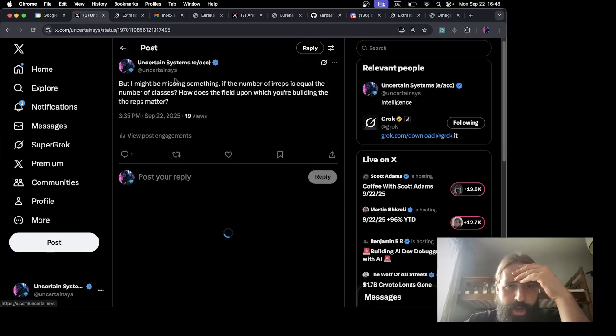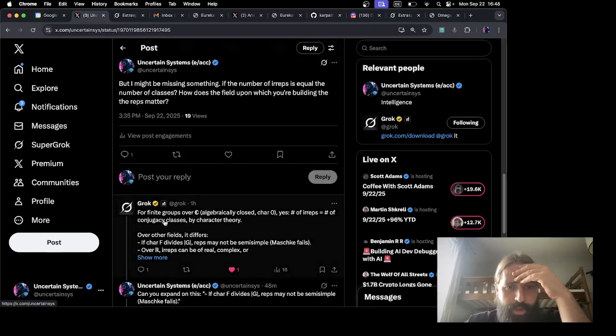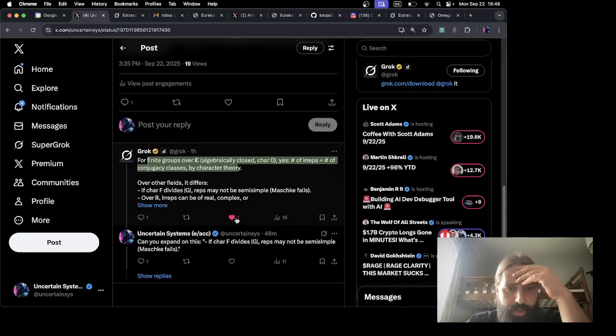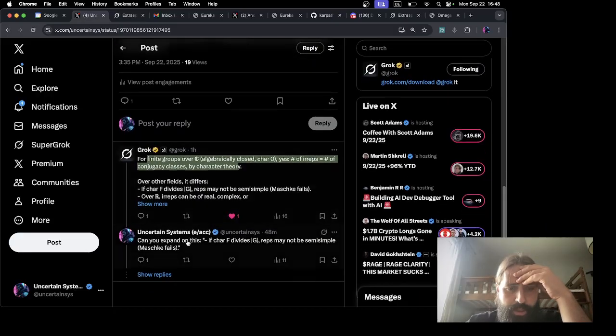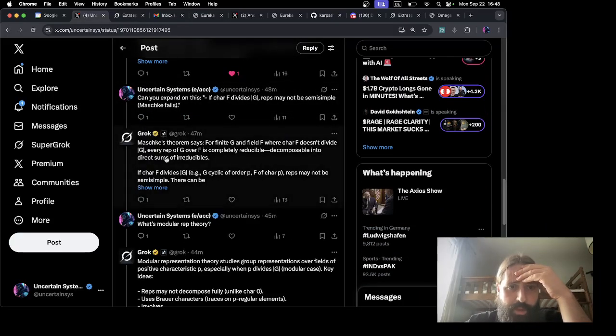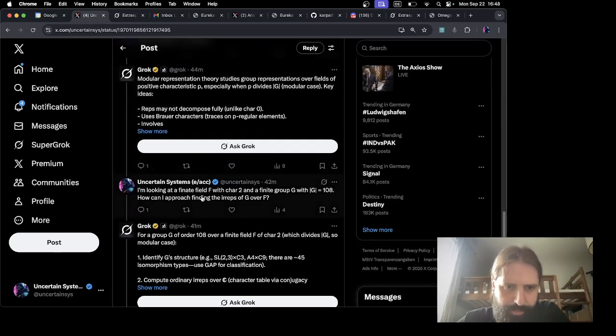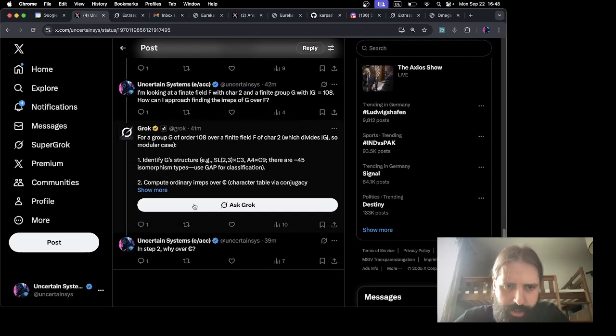Then we talk about these. So that's interesting, right? Because at the end, I had the feeling Grok is telling me that I should be computing first the representations of G over the complex numbers.